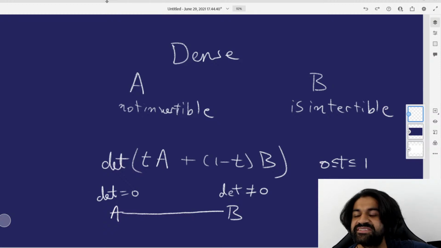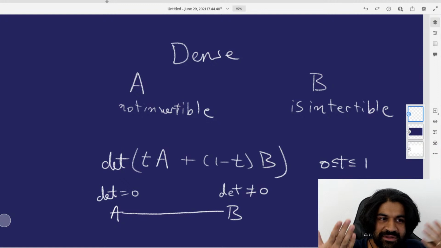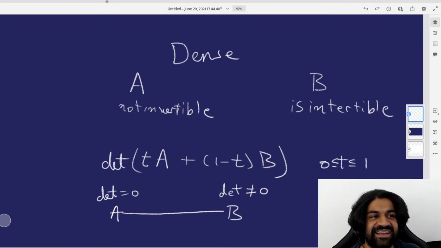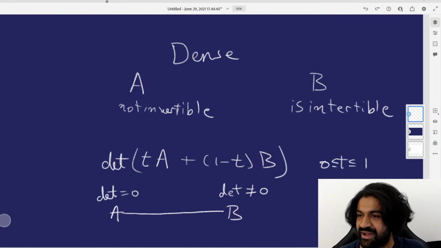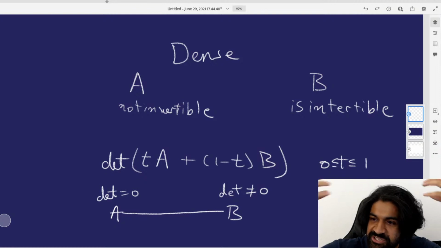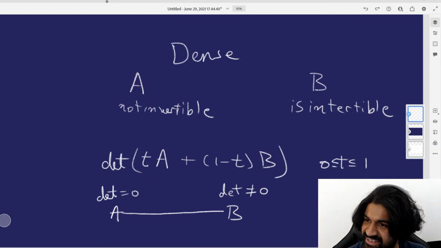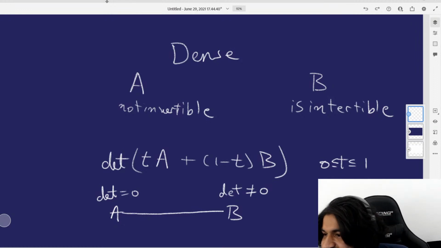But you can use the exact argument I've laid out here to prove that any matrix you pick is arbitrarily close to an invertible matrix. Okay? The reason I'm showing you this, well, it is very interesting, but I wanted to elucidate the powers that determinants give you, how much determinants really add to your intuition at the end of the day, because you can make quick arguments like this. Dense in the reals?